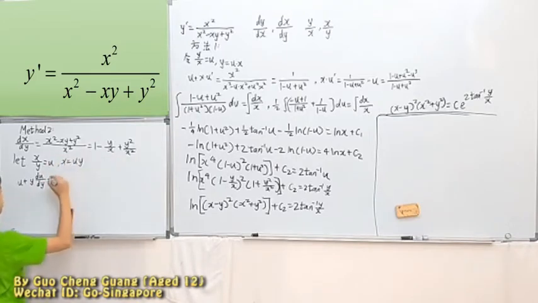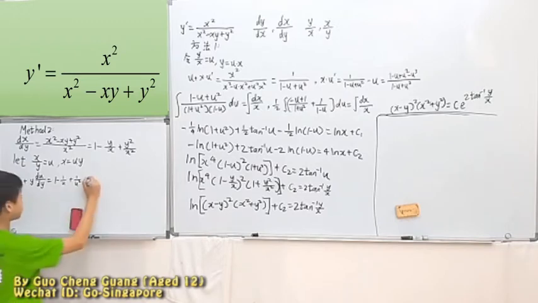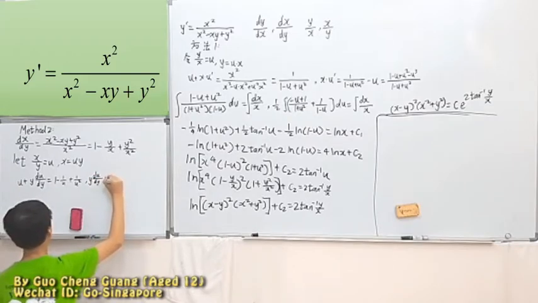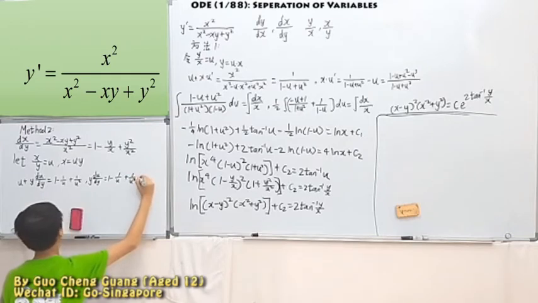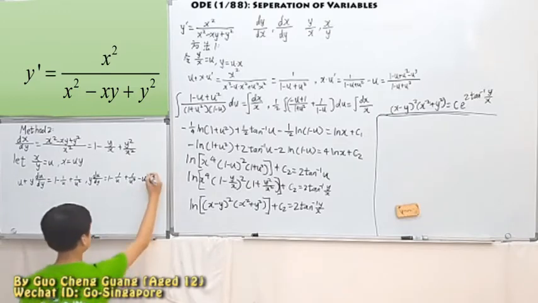Then for this part, you can move this u to the other side. After that, when you move this to the other side, you still have to find a common denominator.